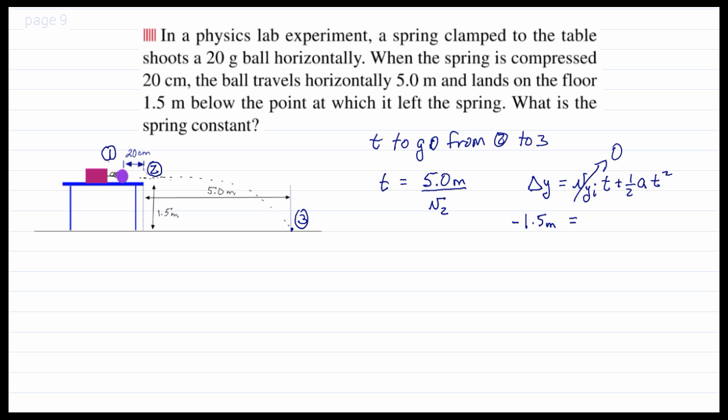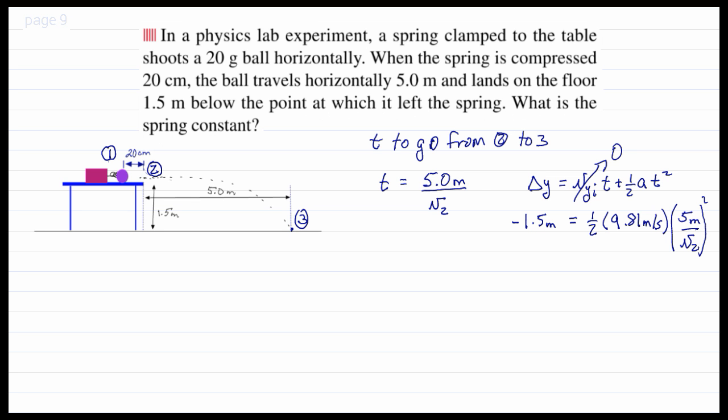So this negative 1.5 is equal to 1/2 times 9.81 meters per second squared times our time squared. So that's 5 meters over v2 squared.